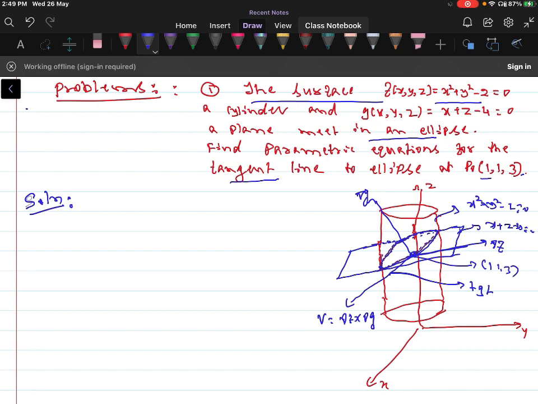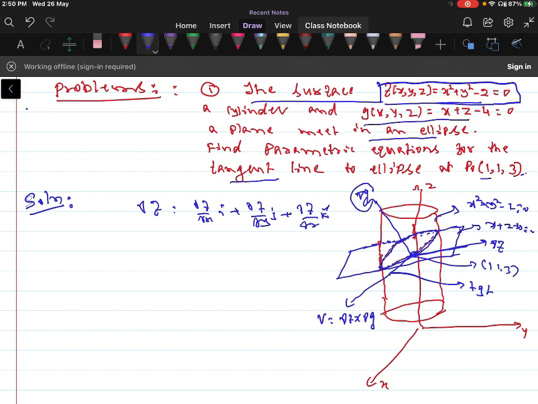Gradient of f is equal to dou f by dou x i cap plus dou f by dou y j cap plus dou f by dou z k cap. So dou f by dou x, dou f by dou y, and dou f by dou z can be calculated from the cylinder x square plus y square minus 2 is equal to 0. Gradient of g can be obtained from the equation of the plane.